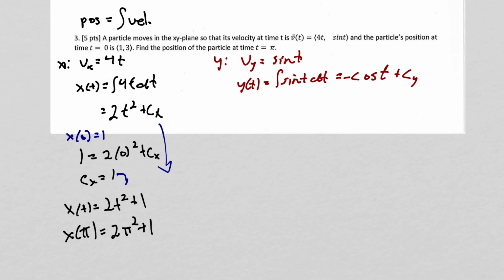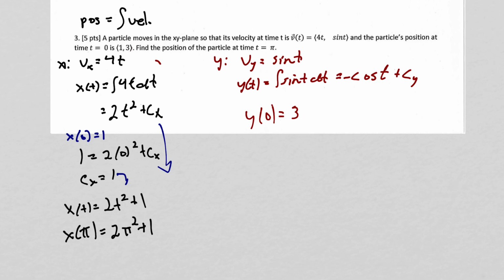So now I'm going to use my initial conditions. If you look, t equals 0, I get a position of 3. So what I can say is that y of 0 is equal to 3.